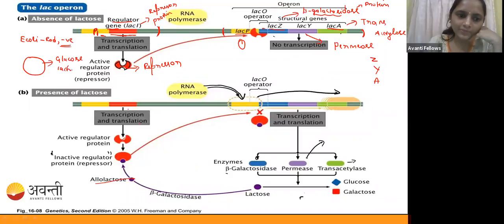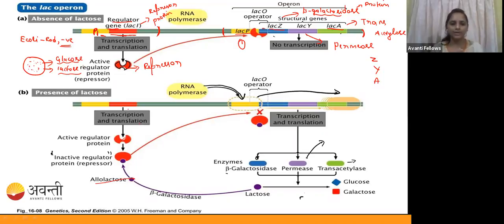No other thing is going to act as a carbon source. We require a carbon source, right? So the bacteria take the carbon source from the glucose and the lactose.